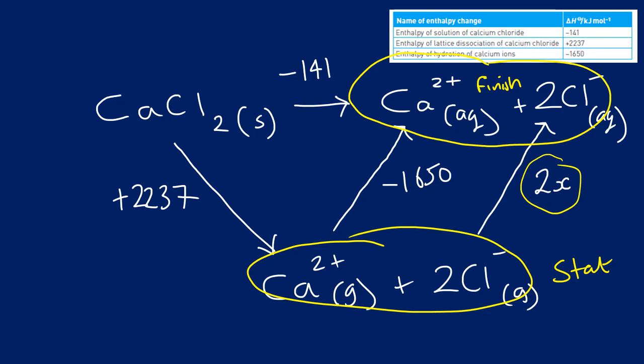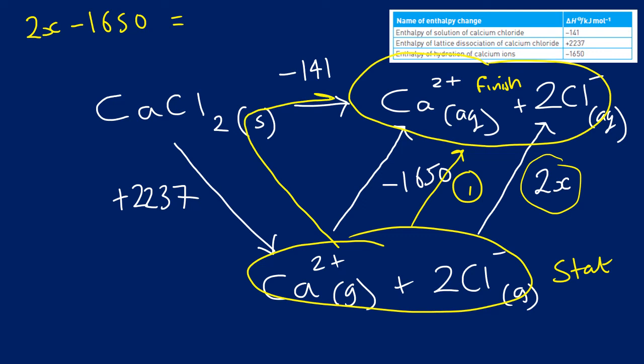So from start to finish, route 1 is this way. And route 1 is equal to 2x minus 1650. And that's equal to route 2, which is this way, which is against this first arrow here, look. So that's minus 2237, and I'm going with this arrow here, so it's minus 141.